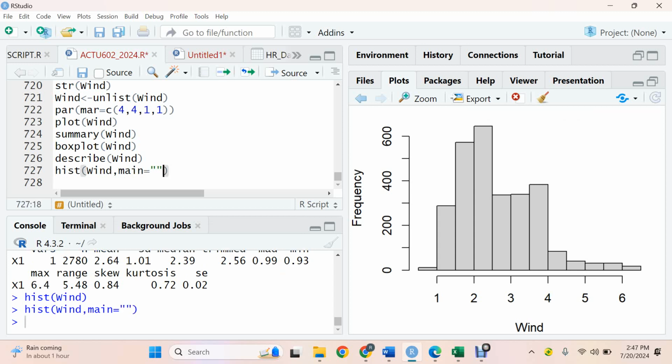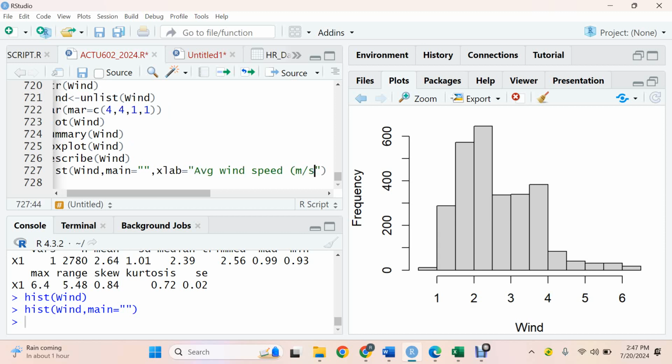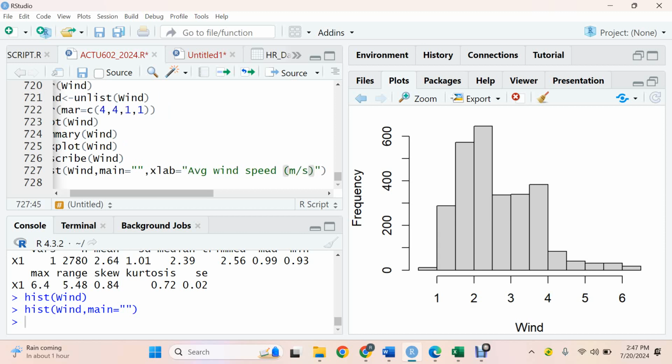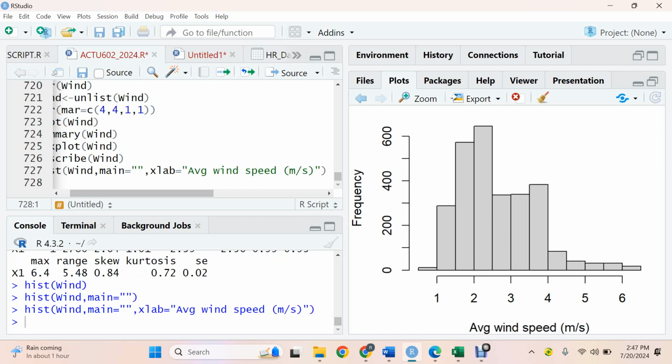So actually, the x label should be what? Wind speed, right? Actually, average wind speed. And this is in, I think, meters per second or something like that. Okay, so average wind speed like this.